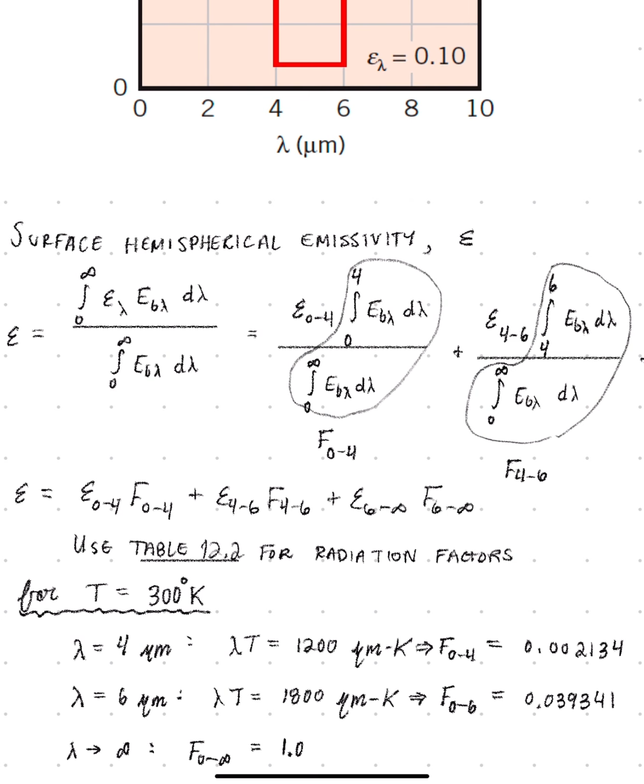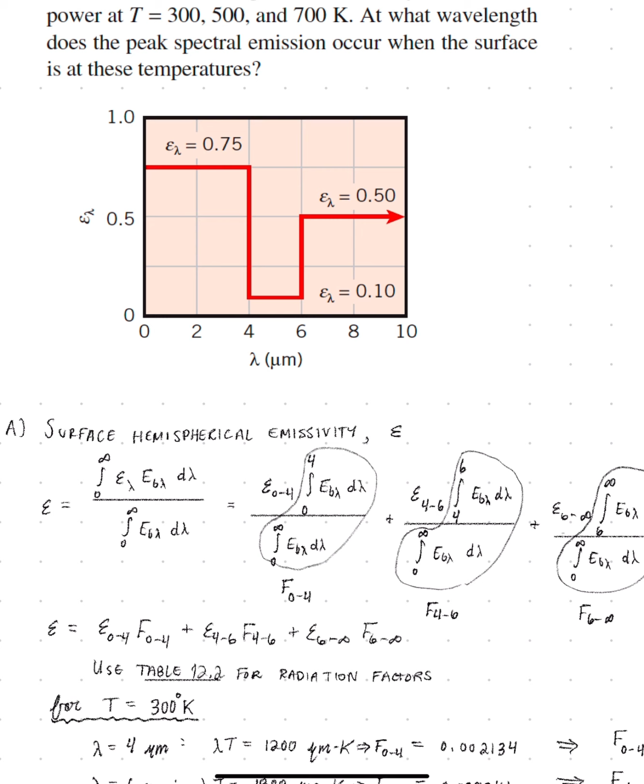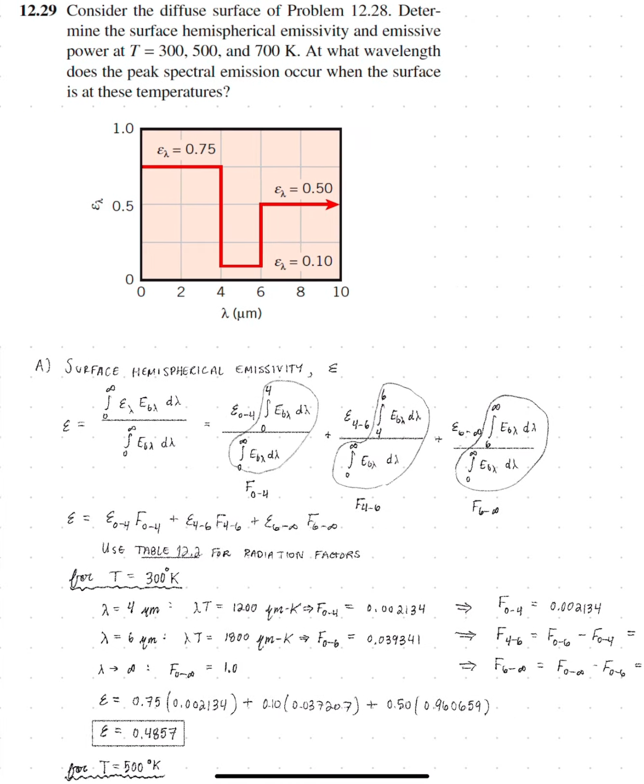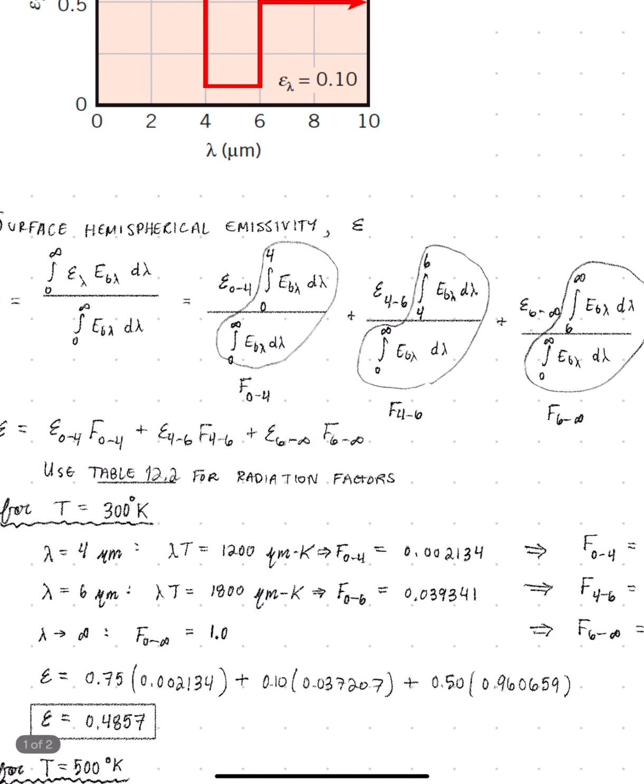We are able to split that into multiple integrals depending on this piecewise function here. So we can take the integral from 0 to 4 micrometers, and then from 4 to 6, and then from 6 to infinity, as this continues at 0.5, to get our total hemispherical emissivity.